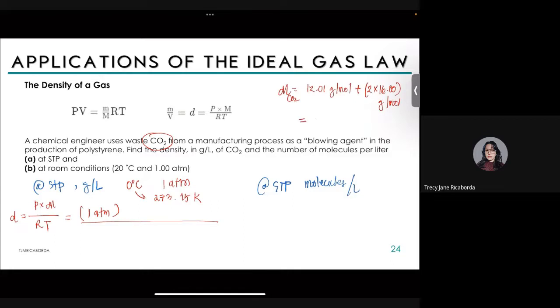So that's a total of 44.01 grams per mole, right? Because 32 plus 12.01, that's 44.01.